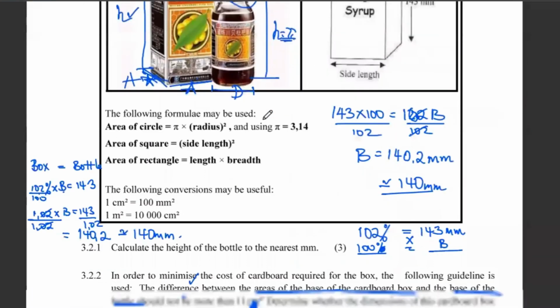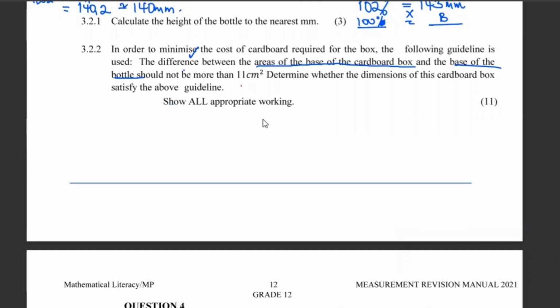So let's look at that. The length of the base is got by taking 105% times the diameter of the bottle.